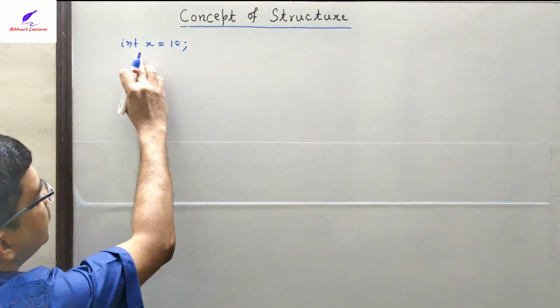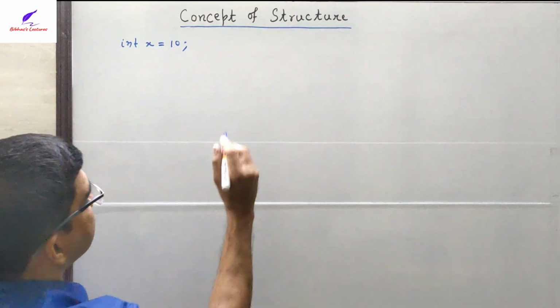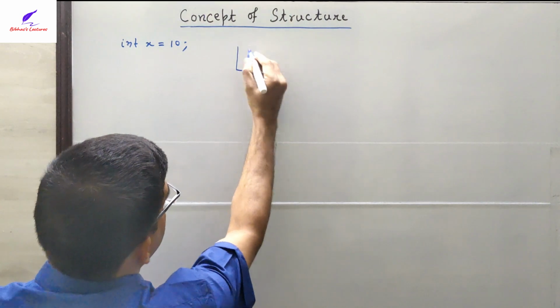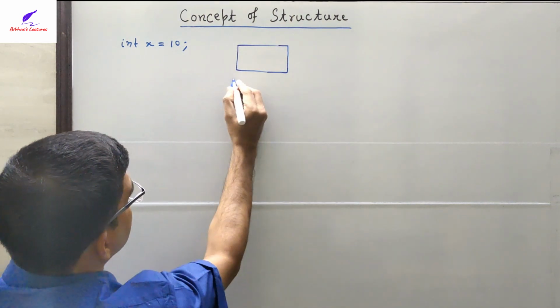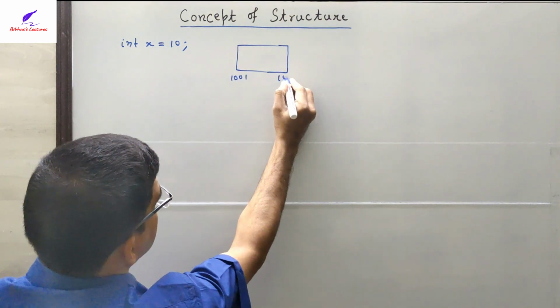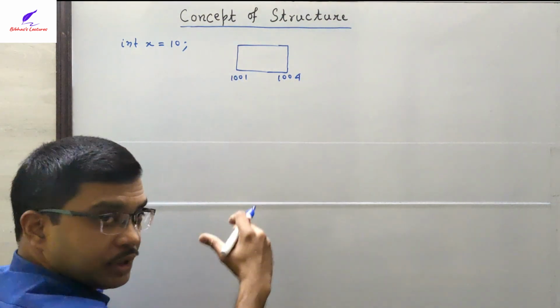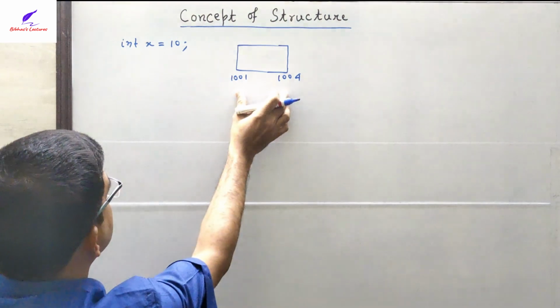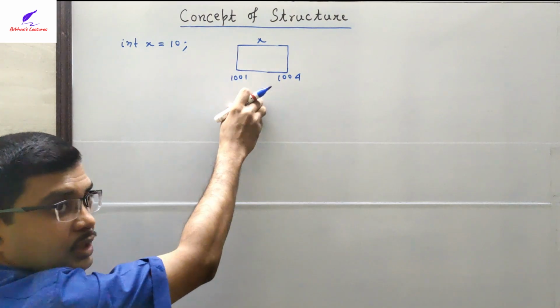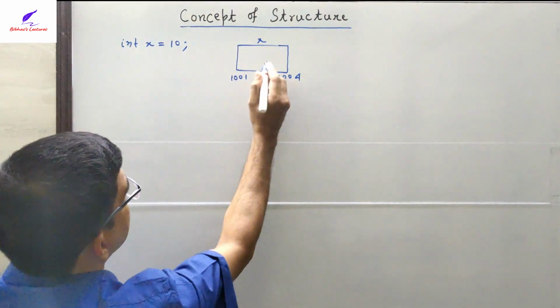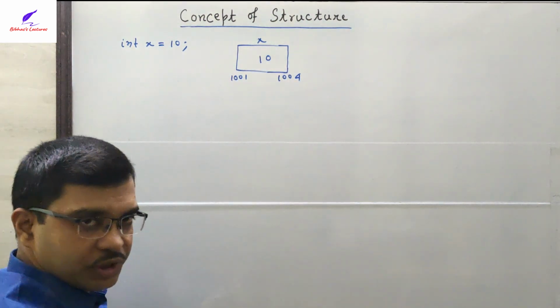That means when this line is executed by the C compiler, what will happen? The compiler will allocate 4 bytes of memory, suppose from 1001 to 1004, if you are working in a 32-bit compiler. It will take 4 bytes for an integer, and then it will associate the name x with this address 1001, and then it will assign the value 10 to this location.